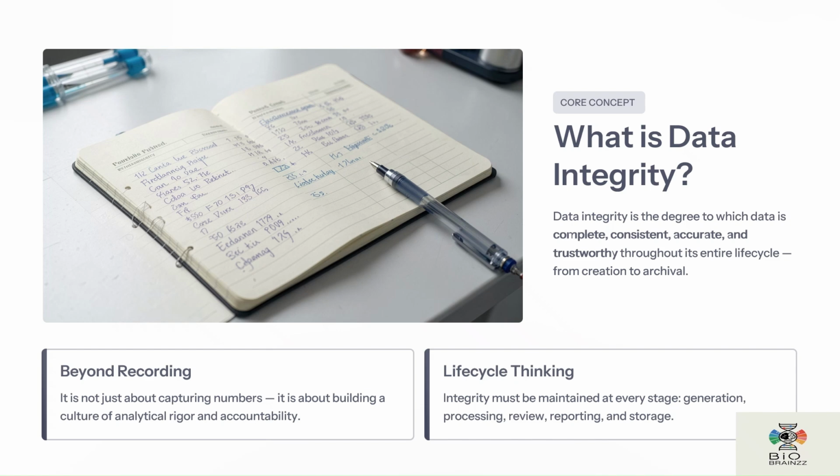Data integrity is not simply about recording numbers. It is about maintaining confidence that the recorded information truly reflects what happened during an experiment, test, or manufacturing process. A laboratory with strong data integrity practices creates a culture of accountability, transparency, and scientific excellence. Every employee plays a role in maintaining data integrity.